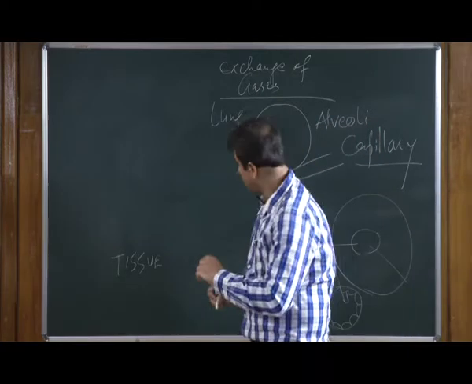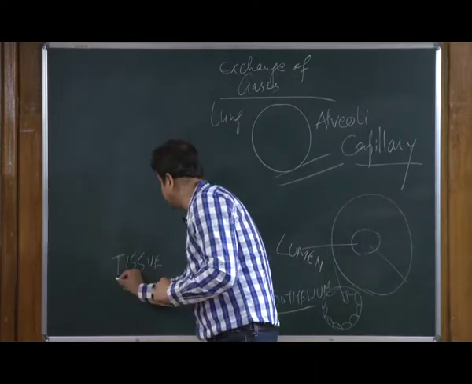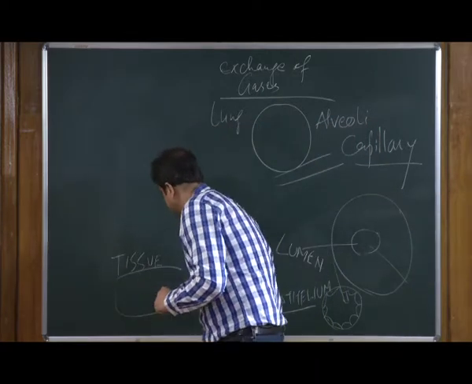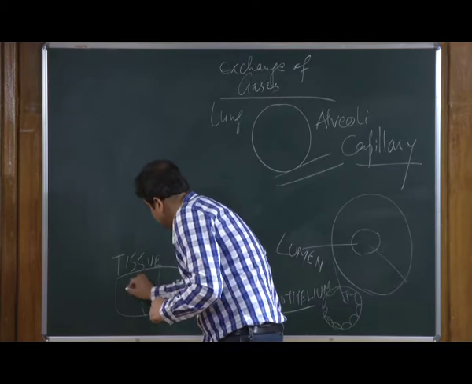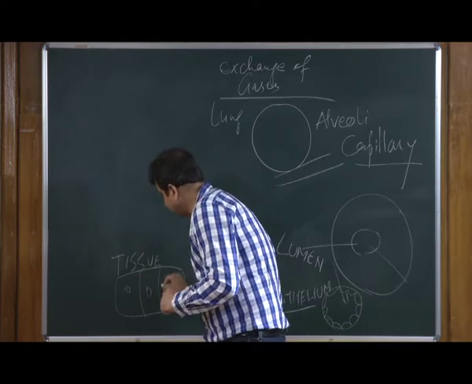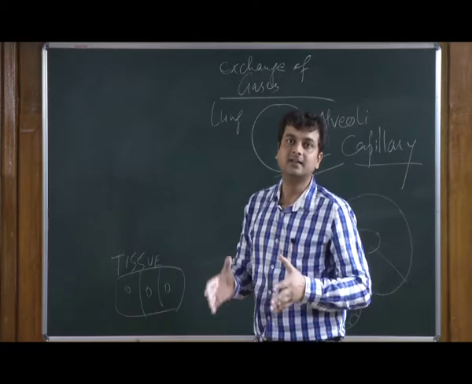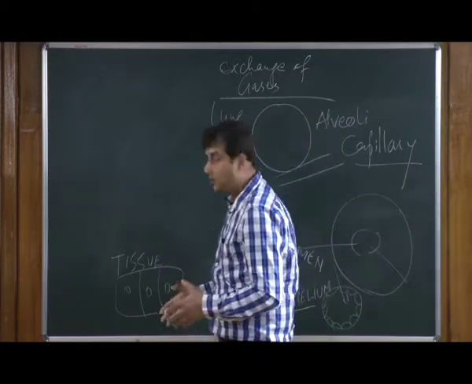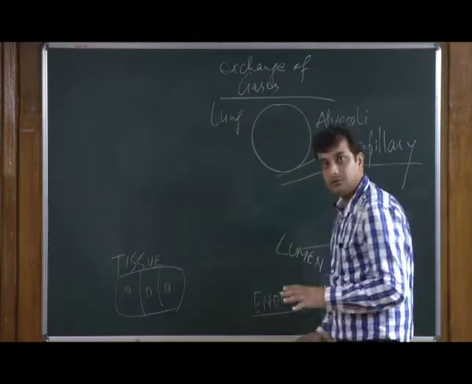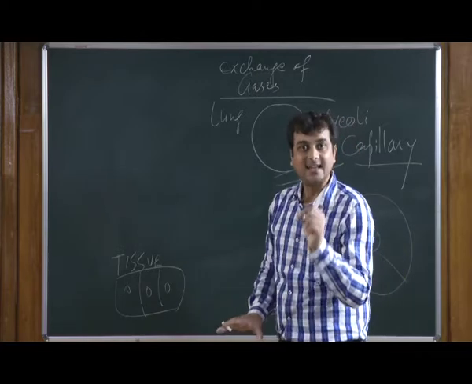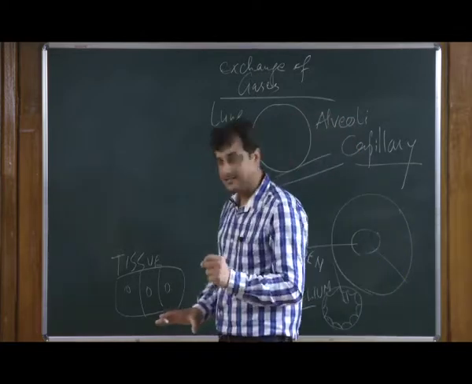Now similarly we have tissue. At the tissue level, suppose this is the tissue, these are the nuclei of the cells, and we can combine cells and call it tissue. So tissue is nothing but a collection of cells. One can define blood, so blood is nothing but fluid connective tissue, which we will discuss later on.